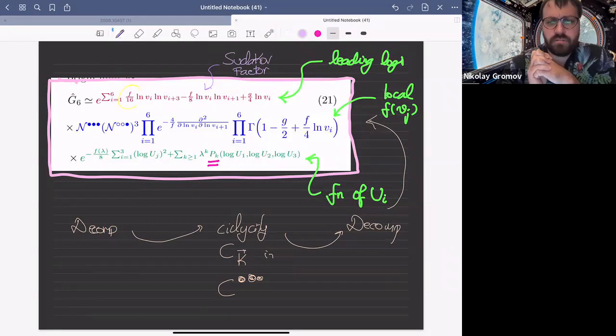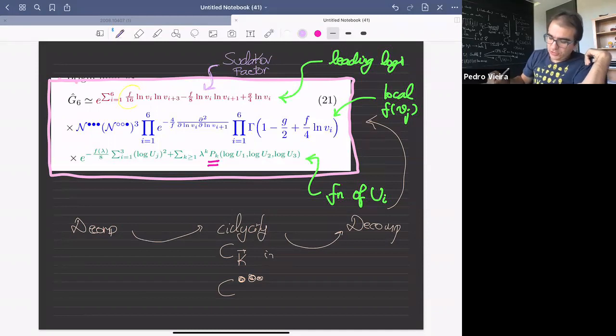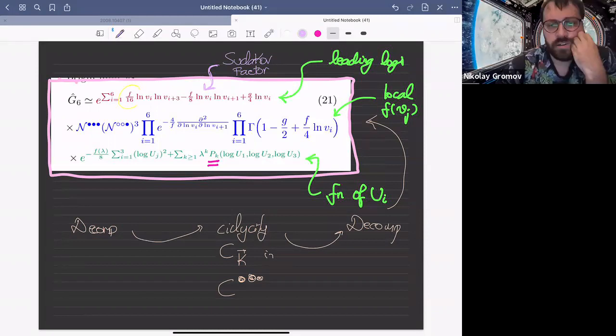Sir, could I ask, while you're showing this equation? Log of V is large, right? And so why don't you expand the gamma function? Yes. Log of V is large, then it depends on F. If F is small or large, right? If you are doing perturbation theory, F is small, otherwise you could expand. But if you think about this non-perturbatively, F is finite.